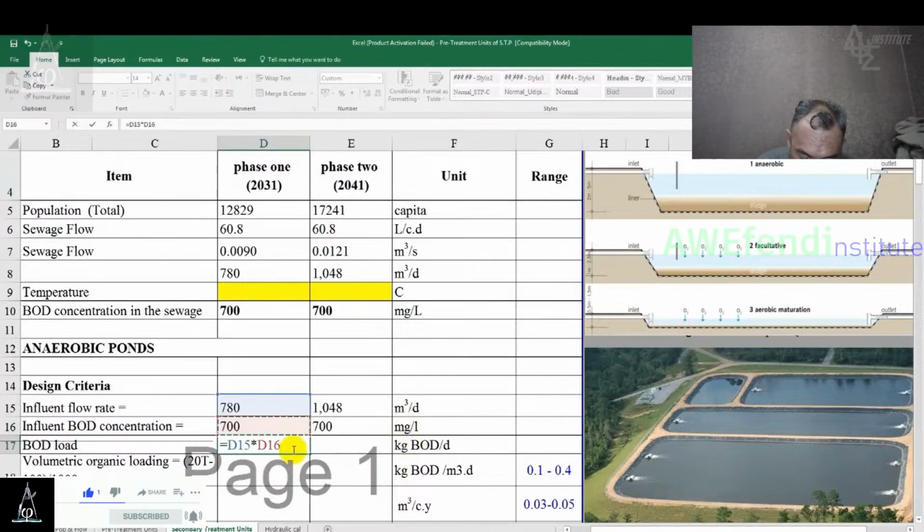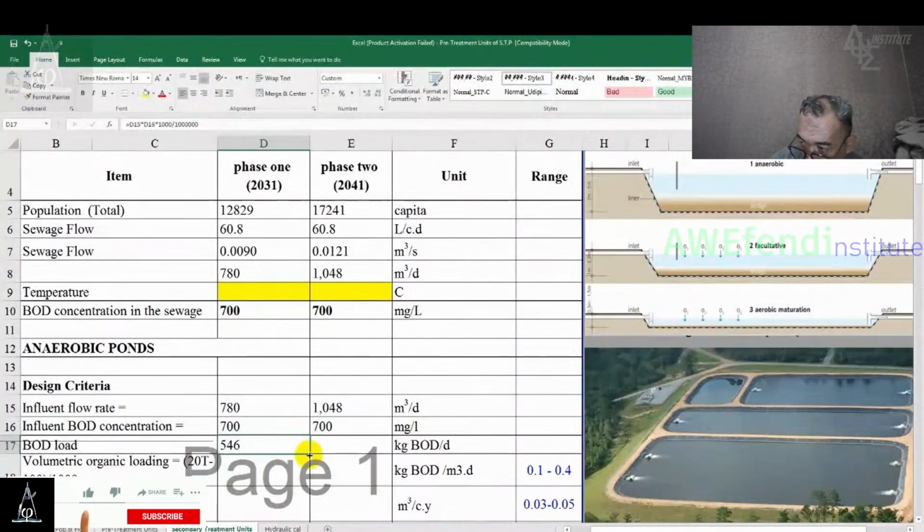So times 1,000 divided by 1 million, milligram to kilogram. So BOD load is 546 kilogram BOD per day in phase 1 and 734 kilogram BOD per day in phase 2.